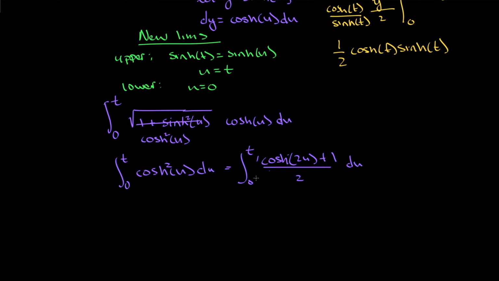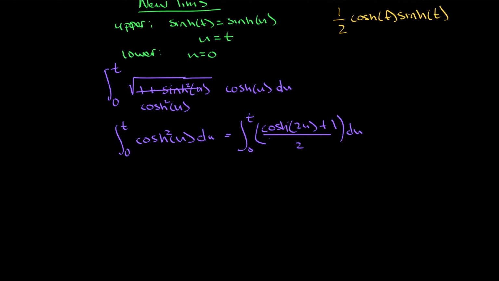So now let's anti-differentiate and see what we get. So this is going to be sinh of 2u over 4, and then plus 1/2 u. And then we can evaluate at our limits, and we get what? Well, you can see the sinh of 2u, similar to how we deal with these in regular circular trigonometric functions, here we are going to leverage another hyperbolic trigonometric identity.